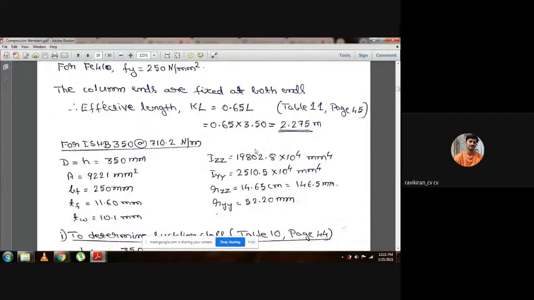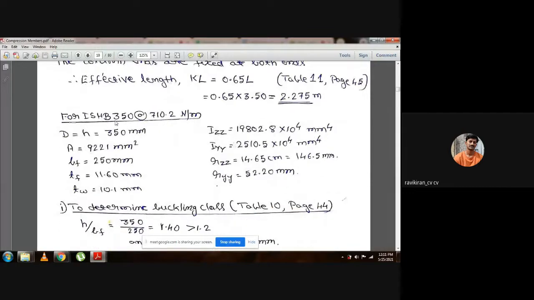The same way, from the section ISHB 350 at 710.2 Newton per meter, what are the properties we need to write down? The depth of the section is 350 millimeter, the area is 9221 mm square, breadth of the flange 250 millimeter, thickness of the flange 11.6 millimeter, thickness of the web 10.1 millimeter. Just open the steel table and observe these values.